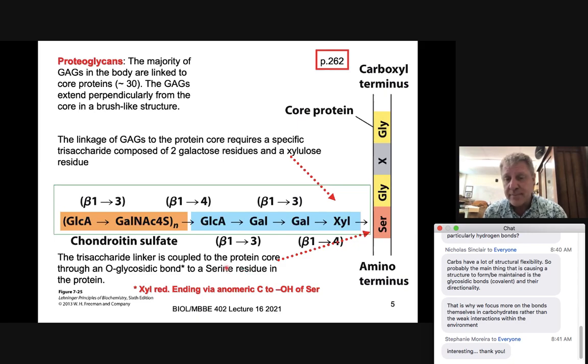What we see in particular is the reduced end of the xylulose, the alpha-anomeric carbon position, becoming an anomeric carbon to the hydroxyl on the side chain of the serine. So that's why we also see glycosylation occurring with threonine. Not necessarily this form of glycosylation, but serine and threonine have those hydroxyl moieties that give you the capacity to bind those particular sugars.